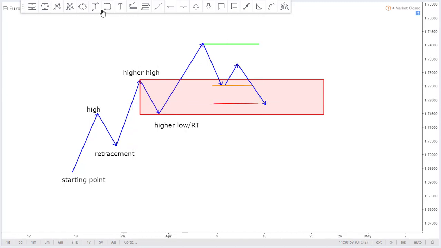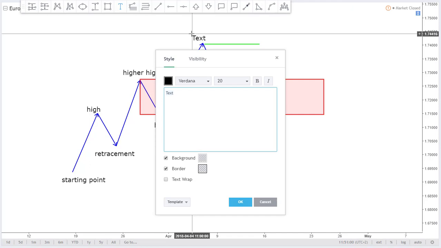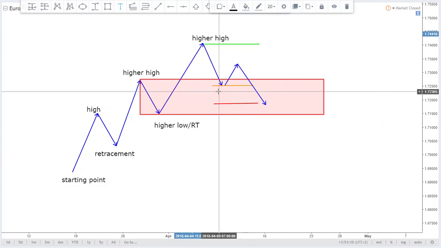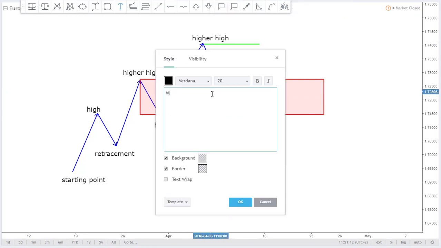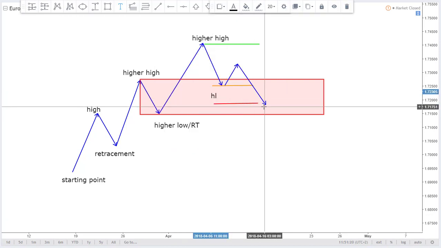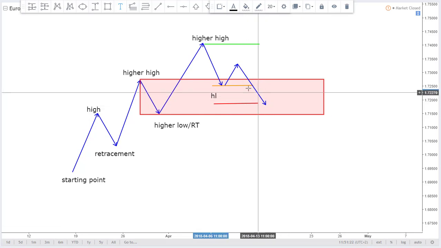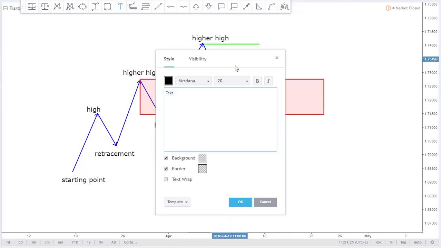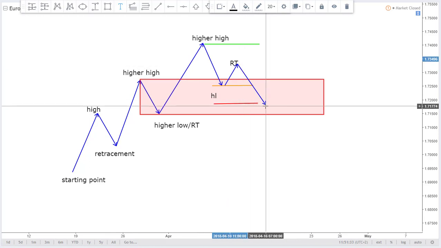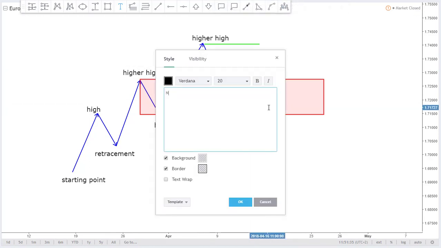Now we have our higher high right here. After our higher high, we had our higher low right here. Then after our HL, we had our retracement, our RT. Then we have our new low right there.